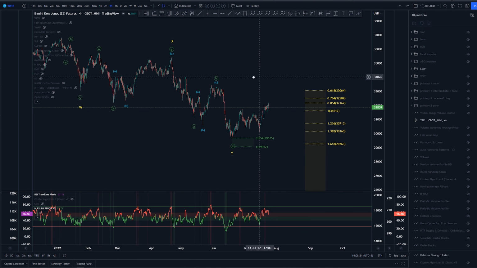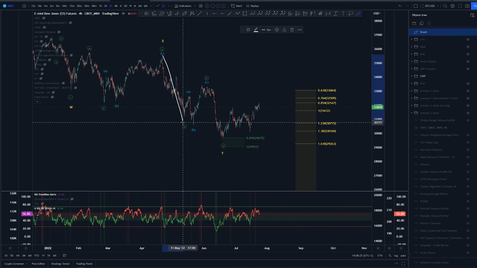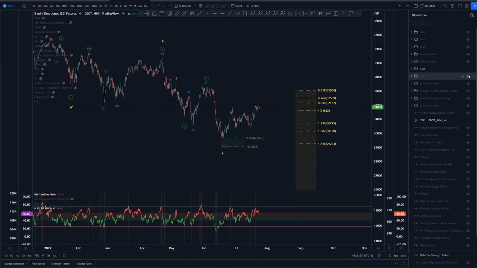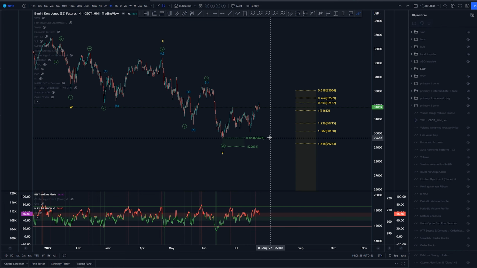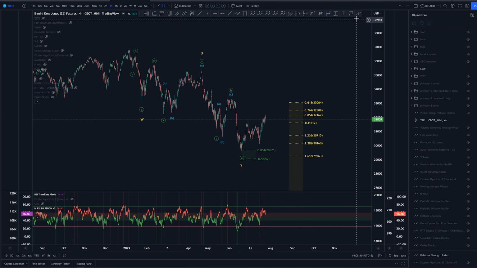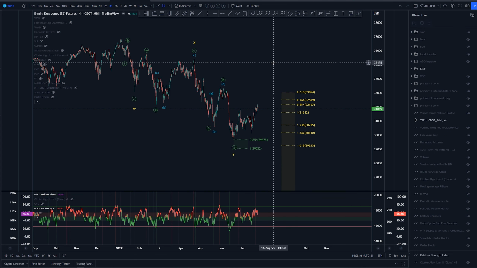That was the original reason why I wanted to have this as another W instead of A, because we don't have a really clear 5-wave structure in here. Instead this looks more like a 3-wave structure. But it is possible that we can have the 5 waves in here, although it does not look right.